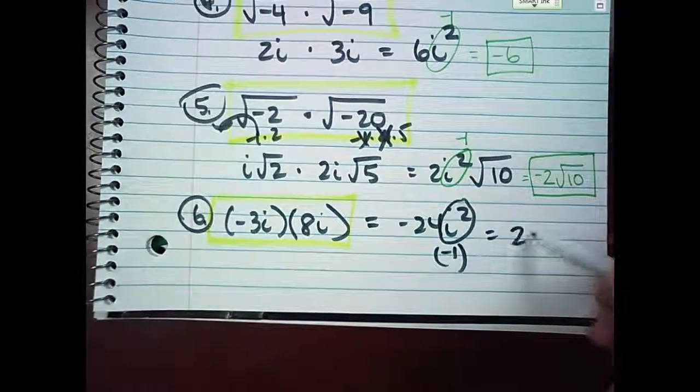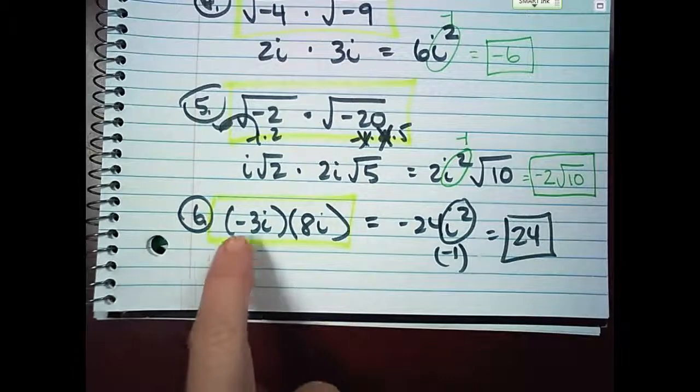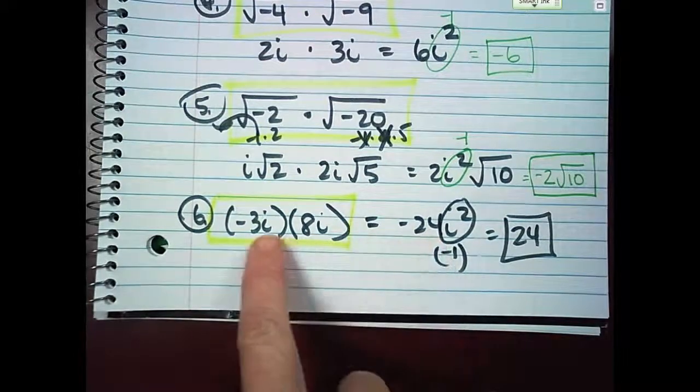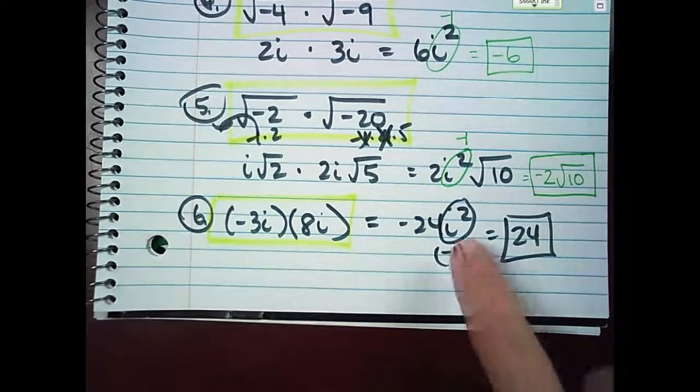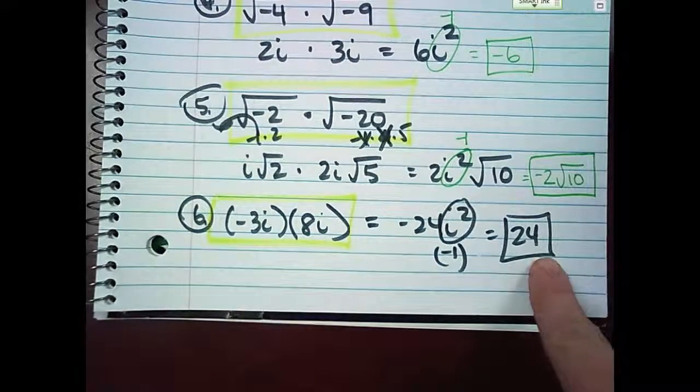So the answer is actually 24. Everybody comfortable with it so far? Negative 3 times 8 is negative 24. i times i is i squared. The value of i squared is negative 1. So negative 24 times negative 1 is actually positive 24.